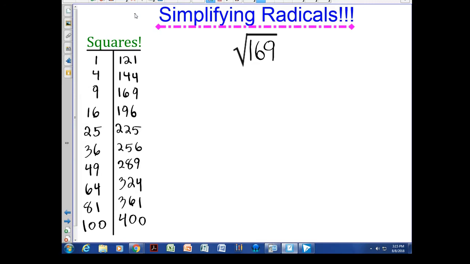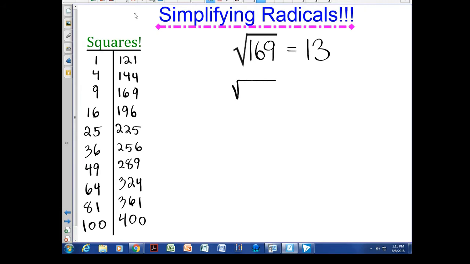And what number times itself is equal to 169? That's right, 13. So you don't really need to worry that much about simplifying radicals with perfect square numbers inside, because those will always equal rational answers without square roots.